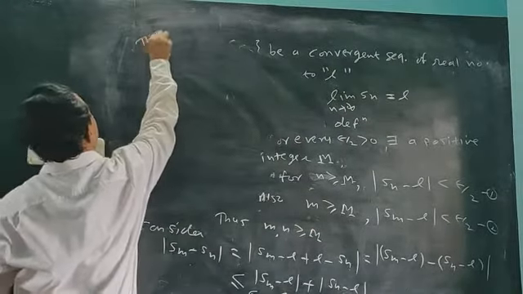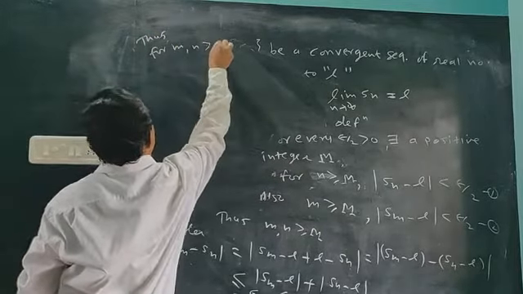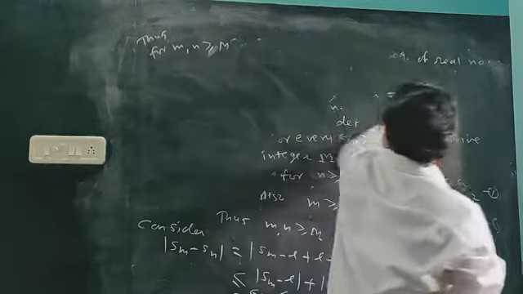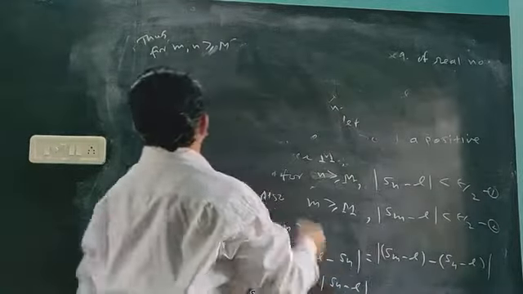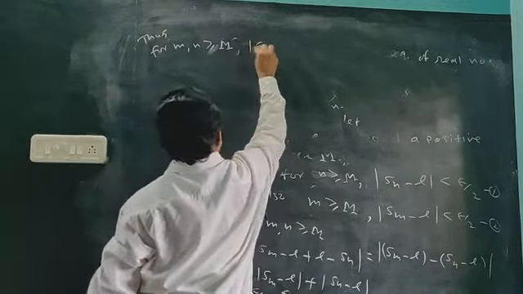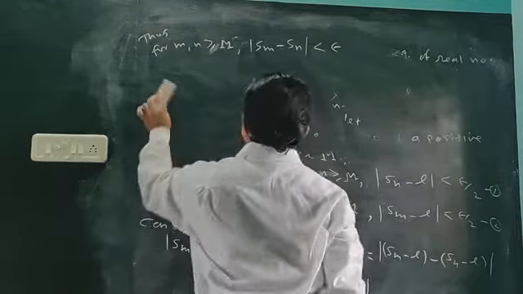Thus, for m and n both greater than N, we have mod of Sm minus Sn less than epsilon.